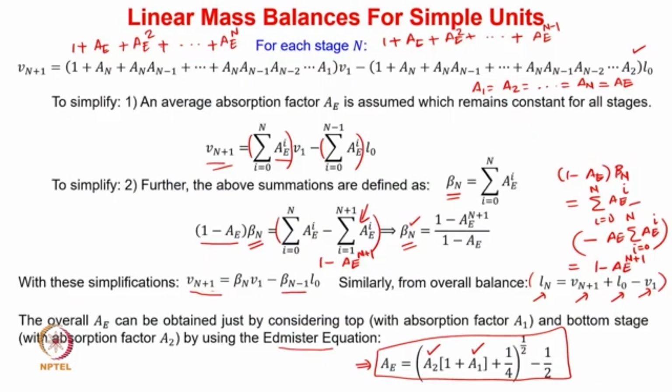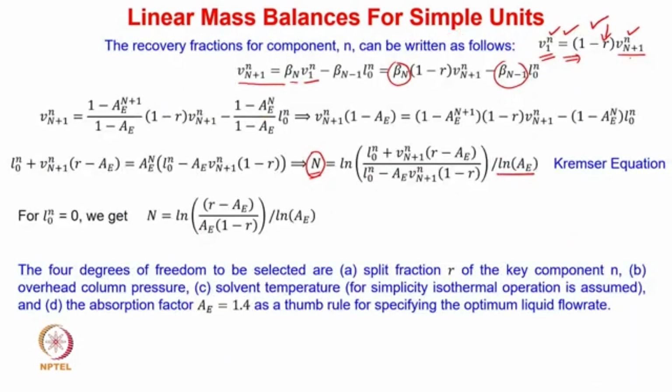So if we have L naught with respect to the key component equal to 0, this equation can be further simplified, and the minimum number of stages required can be obtained as ln of R minus Ae divided by Ae into 1 minus R, and this entire term is divided by ln Ae.